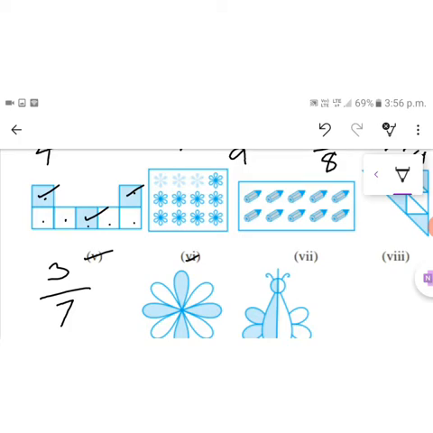Total number of shapes 1, 2, 3, 4, 5, 6, 7, 8, 9, 10, 11, 12. Write total number of shapes in the denominator. Number of shaded shapes is 1, 2, 3. Write the shaded shapes in the numerator. Therefore the fraction is 3 by 12.